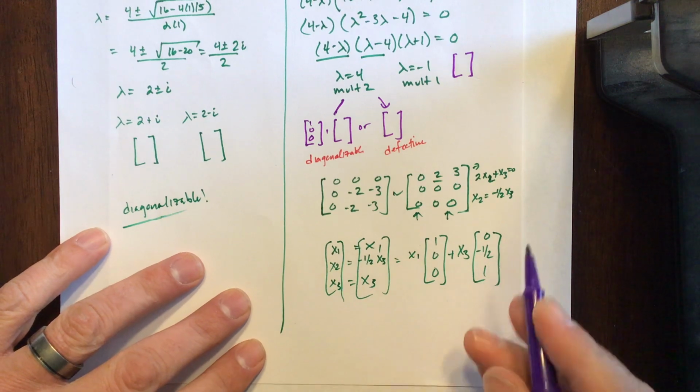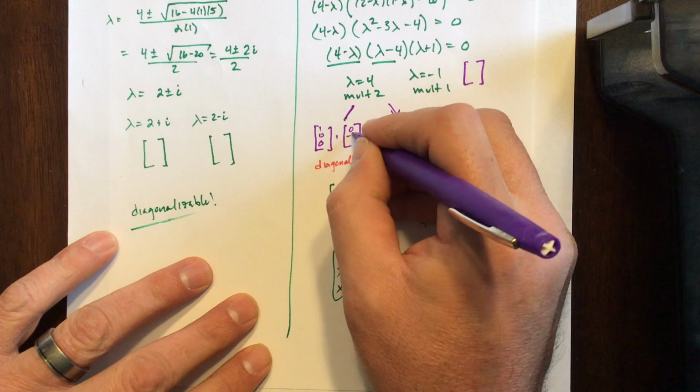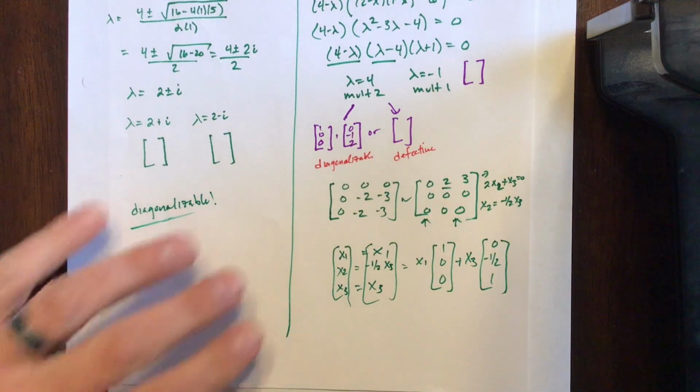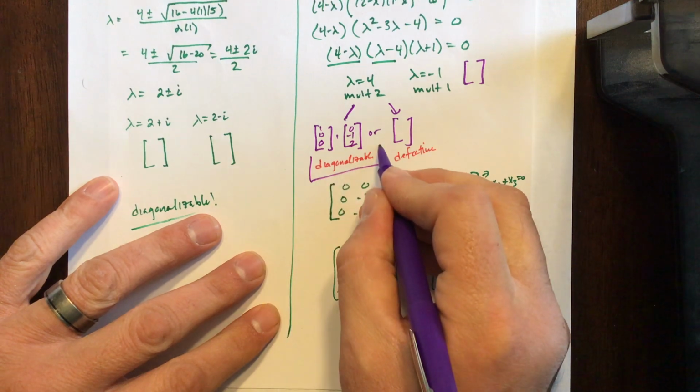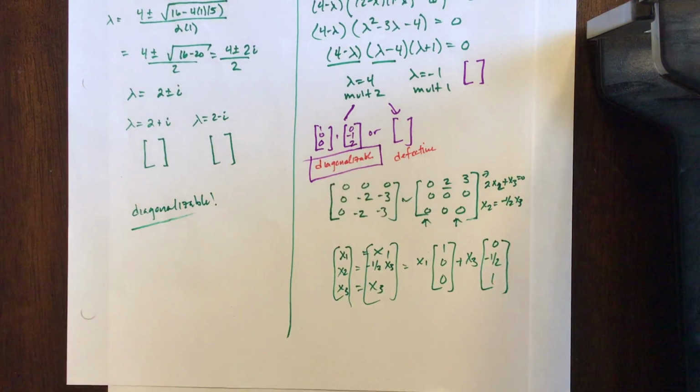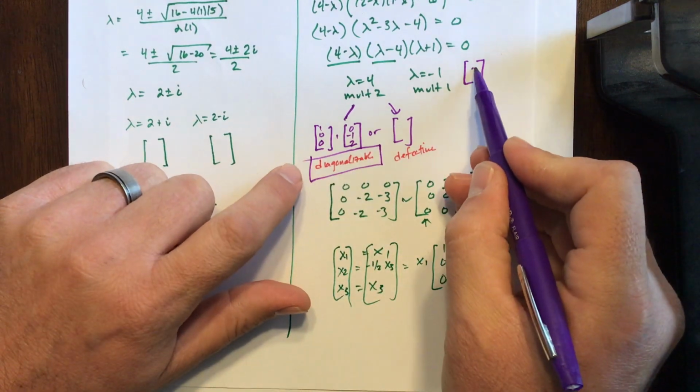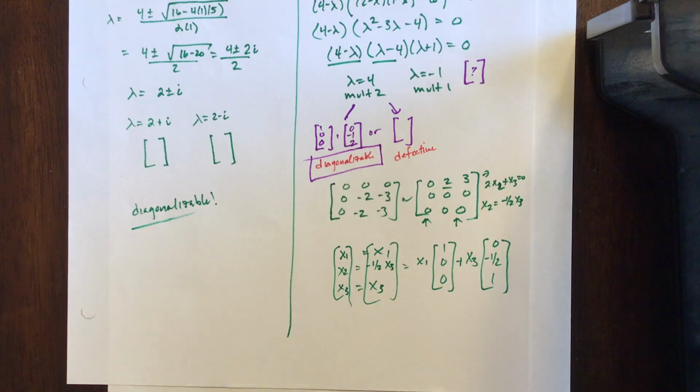Multiply this by 2, 0, negative 3, 2 is also an eigenvector. So this 3 by 3 matrix is diagonalizable because it has a complete set of eigenvectors. This one, this one, and whatever this one happens to be, but I don't need to find it because I know it exists by the theorem that was stated earlier in class.